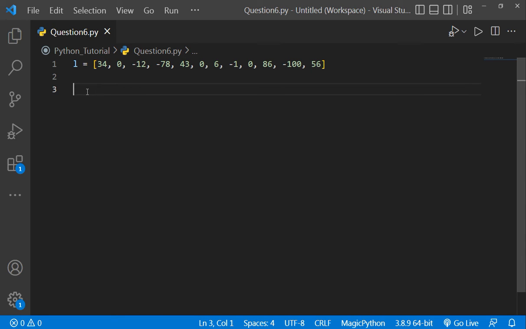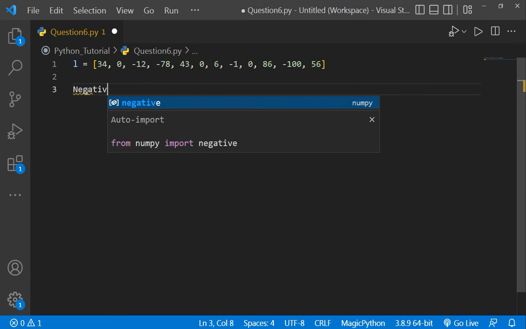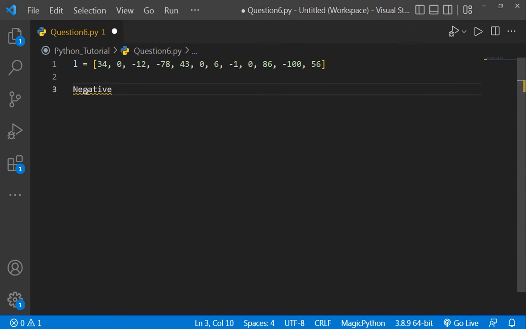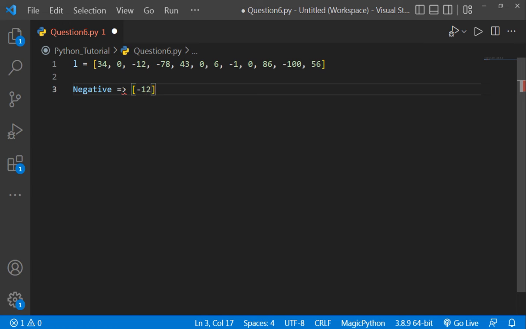It should be like this: negative, okay, and should be something like this, and then it should be a list here, okay, and then there should be all the negative values, that is minus 12, minus 78, minus 1 and minus 100.